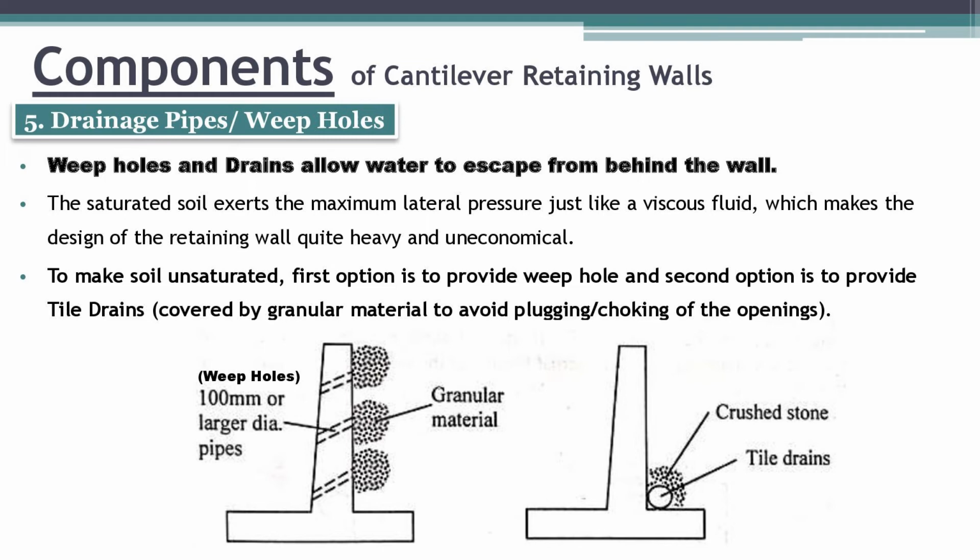We know that saturated soil exerts the maximum lateral pressure like a viscous fluid, which makes the design of a retaining wall quite heavy and uneconomical. So, to make this soil unsaturated, first option is to provide weep holes and the second option is to provide tile drains covered by granular materials to avoid plugging or choking of the openings.